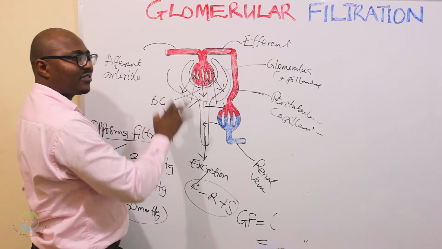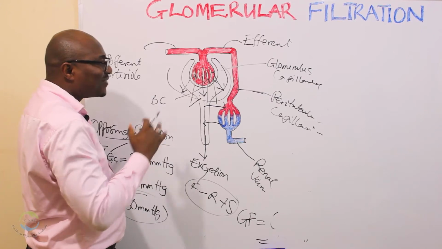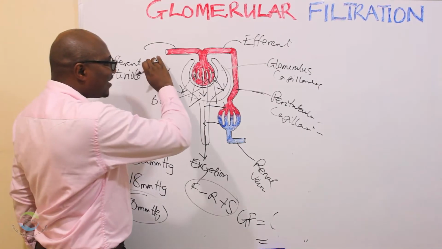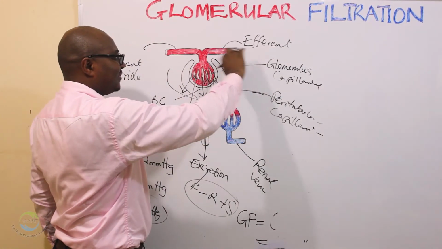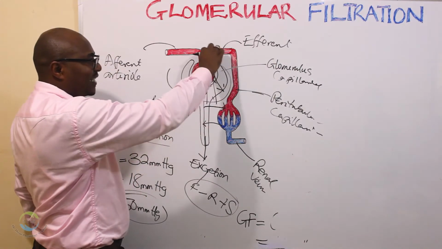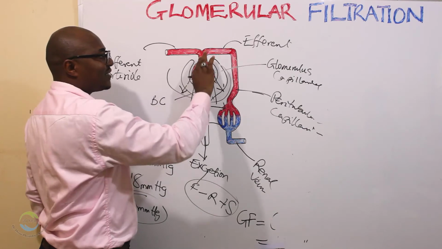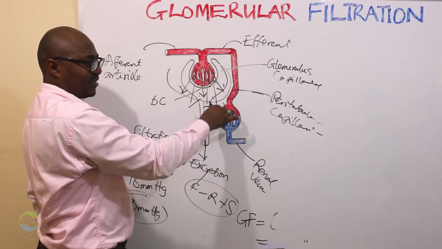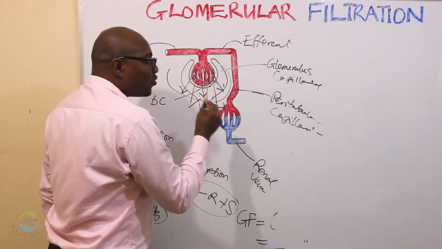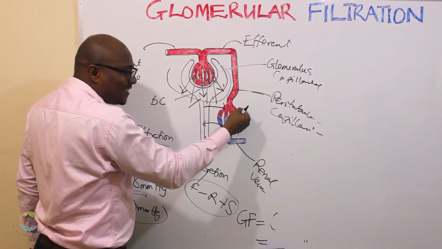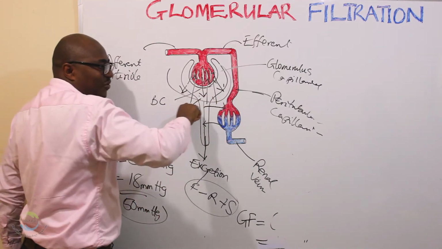But in the case of renal plasma flow, because we are measuring everything, not all of it is filtered. Some 80% enters the efferent arteriole and goes on. So to get the renal plasma flow, the substance needs to be secreted and should not be reabsorbed.